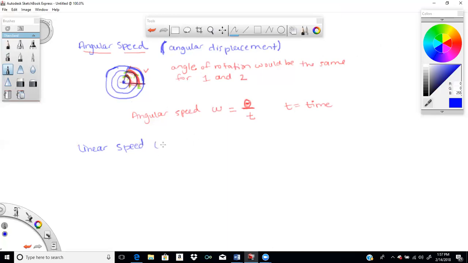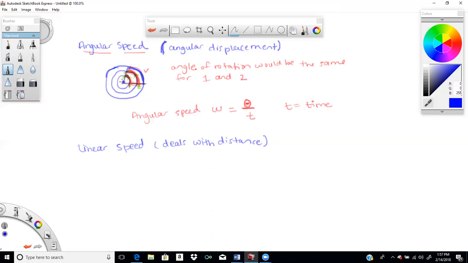Okay, so this deals with distance. So when you think about linear, what do you think about? A straight line, right? Basically we have to incorporate, see, this is a straight line going this way. We have to incorporate the distance here.